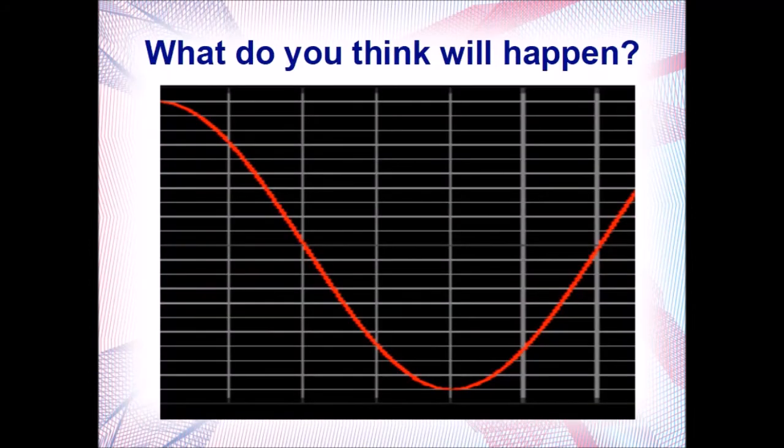Here's another example. This also is another section of the sine function. And how do you think a genetic algorithm would solve this? Well, it more often than not would find the optimum on the left because it's greater, but sometimes would find the optimum on the right, but would not find both.